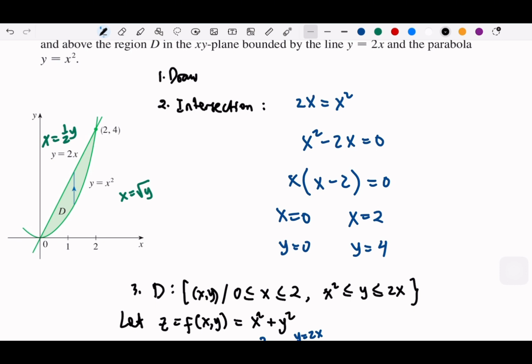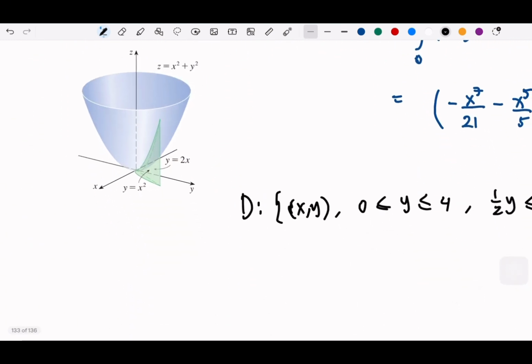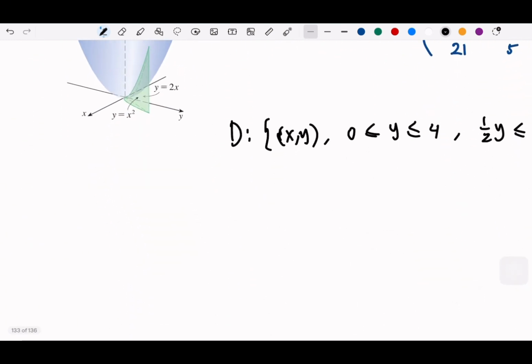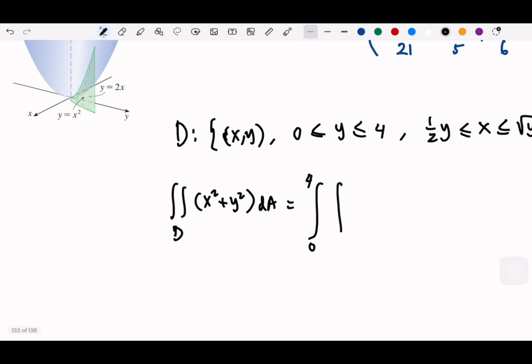So if we are using the function of y, then we could write the double integral now with 0, 4 as the outside, and then here will be x, or function of y. So we are going to evaluate x first and then y. Okay.